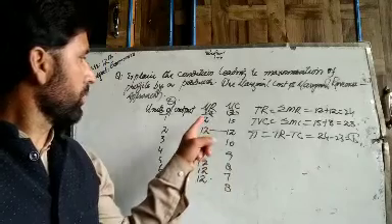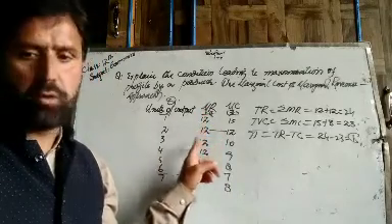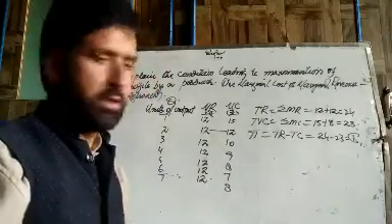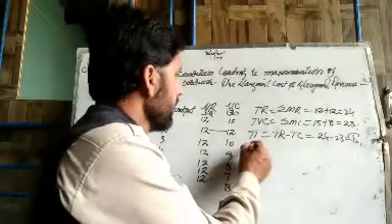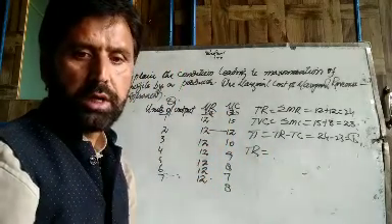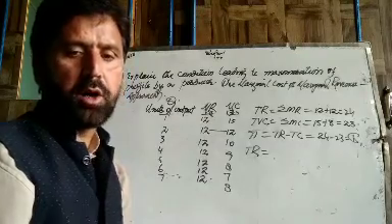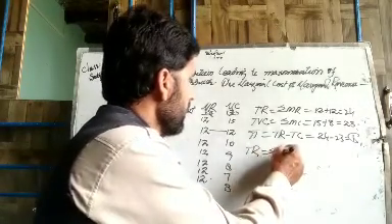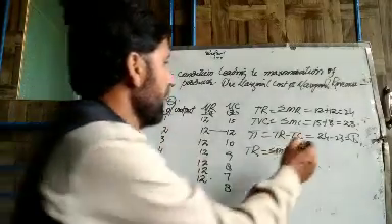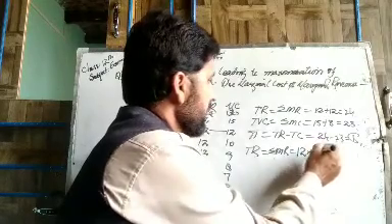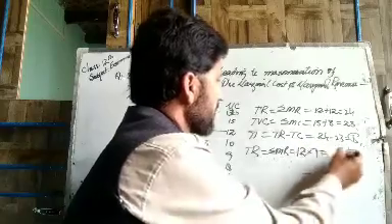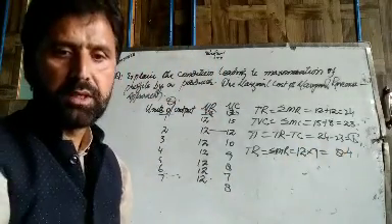Total revenue is the summation of marginal revenue, 12 into 7, that is equal to 84.